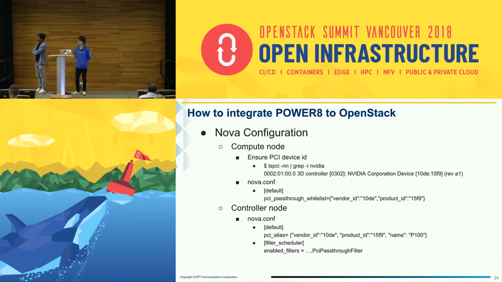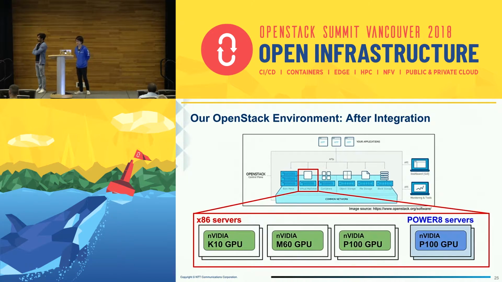Nova configuration is completely the same as for Intel servers. Specify the vendor ID and the product ID, set the alias, and enable the PCI pass-through filter. Now the Power8 server is integrated into OpenStack.